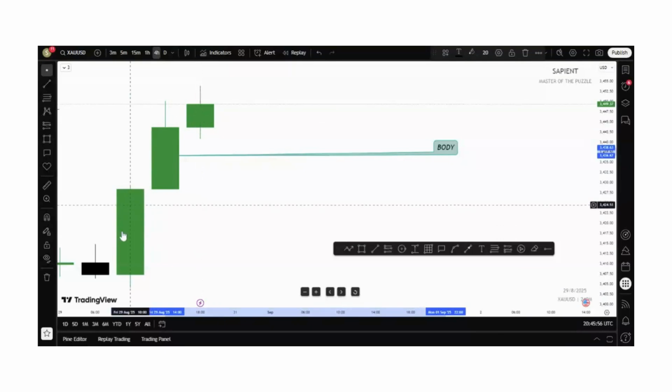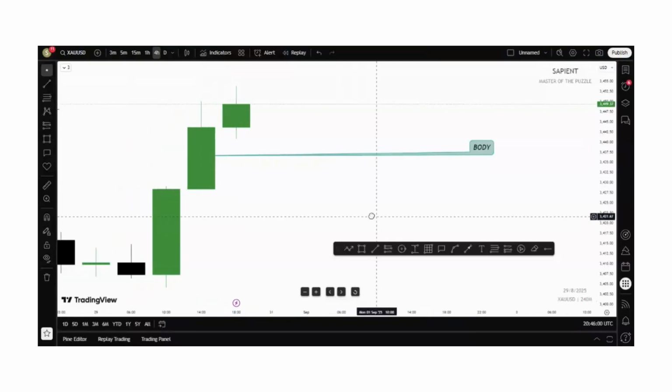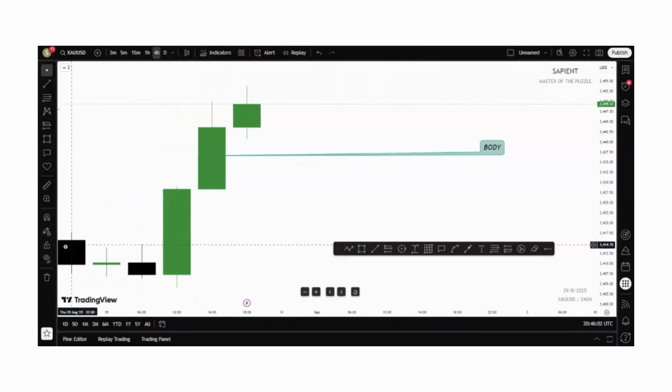This green part that you can see is the body of the candle. Also, this black part is called the body. Any visible color that you can see here is called a body. Now, don't forget that we still have what we call open, close, and wick.